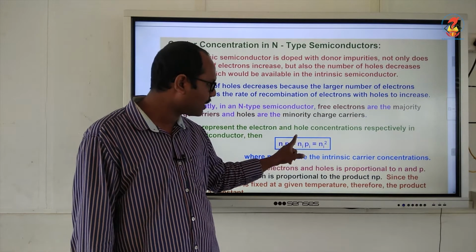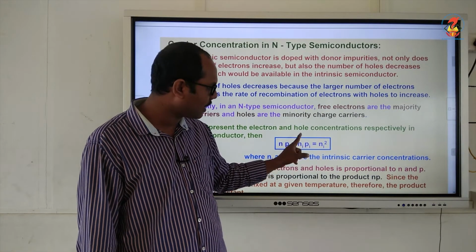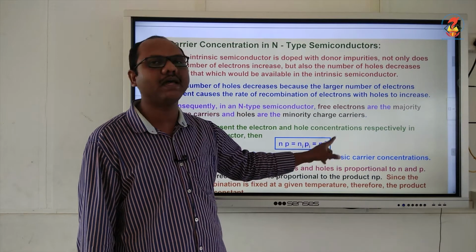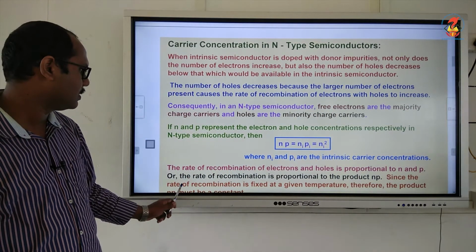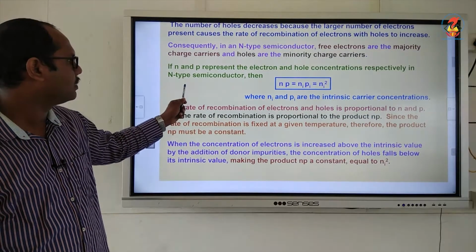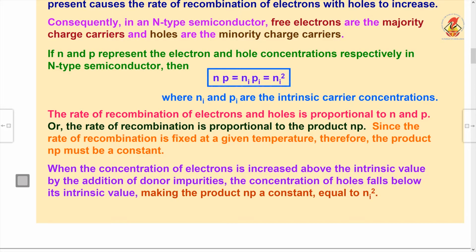That is why I wrote N into P is equal to Ni into Pi, which is equal to Ni square. So, the rate of recombination of electrons and holes is proportional to N and P, or we can say it is proportional to the product of N into P. And for a given temperature, the product N into P must be a constant.